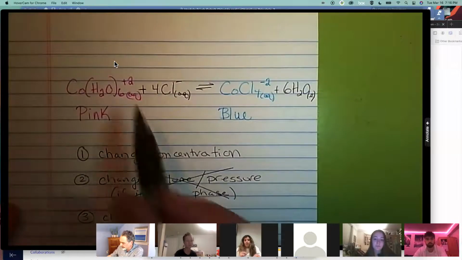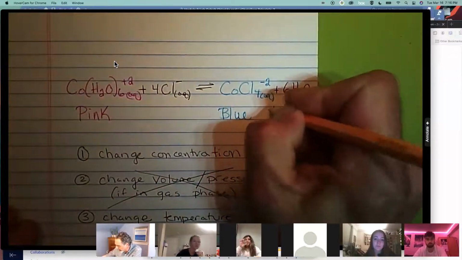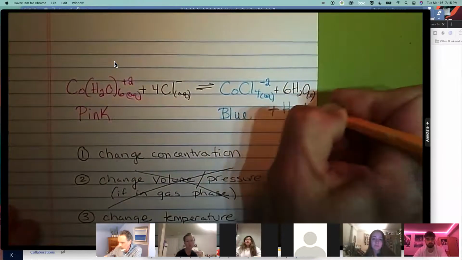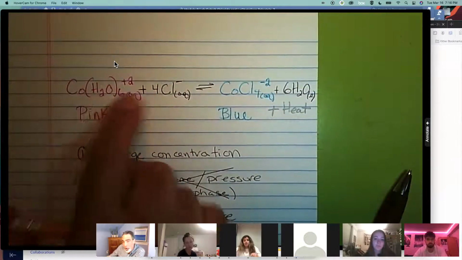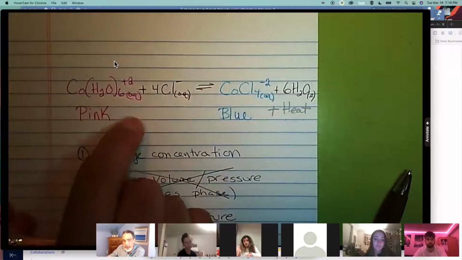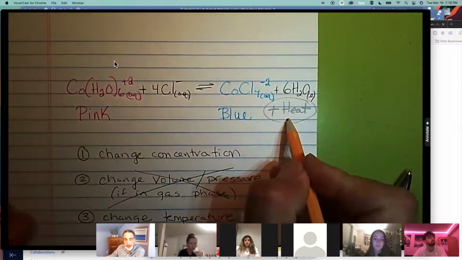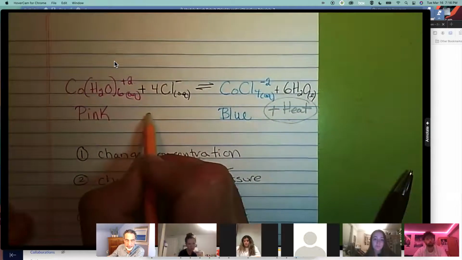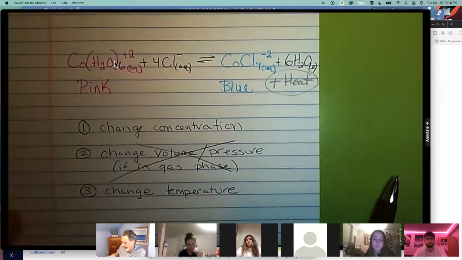And if this system is exothermic, if we're told that, or if we figure it out, I just like to include heat on that product side. If it's endothermic, it requires heat to go in this direction, and heat would be over here. I like to add that just like an additional product or an additional reactant if it's endothermic here, because that allows me then to figure out what's going to happen.